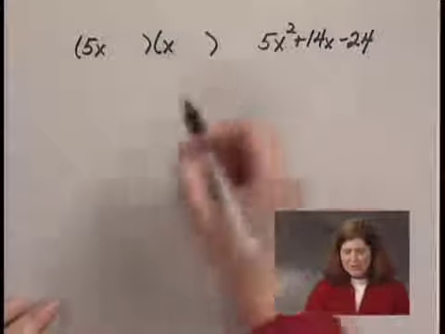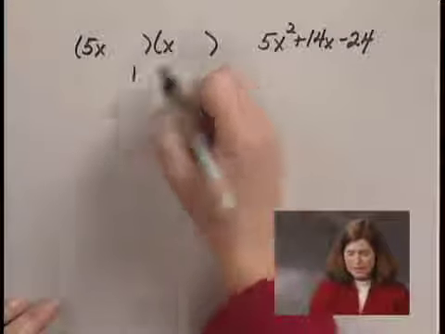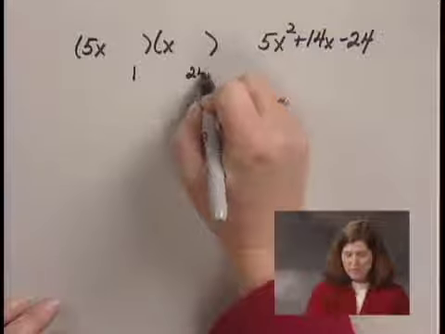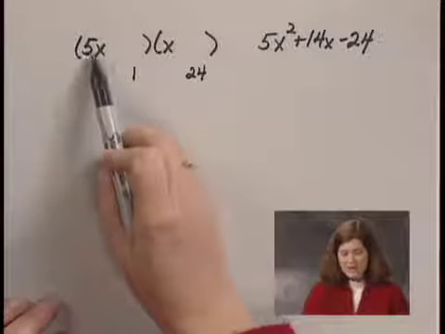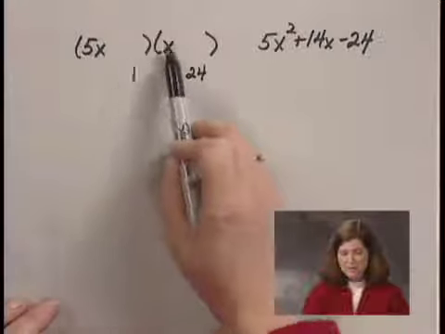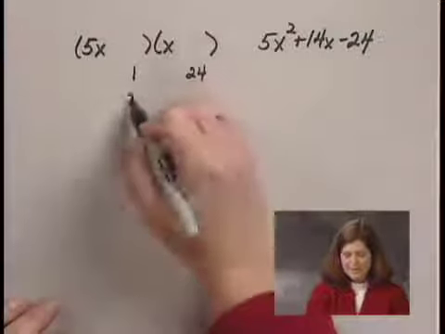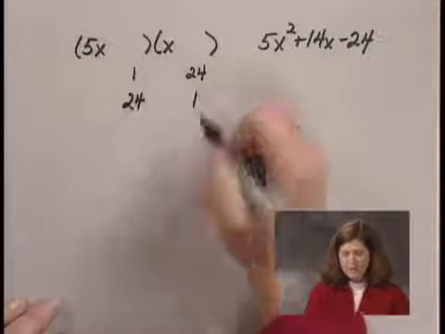Now my possibilities, again, will be 1 and 24. And since I'm multiplying this number by 5 and this number by 1x, really 24 and 1 will be possibilities.